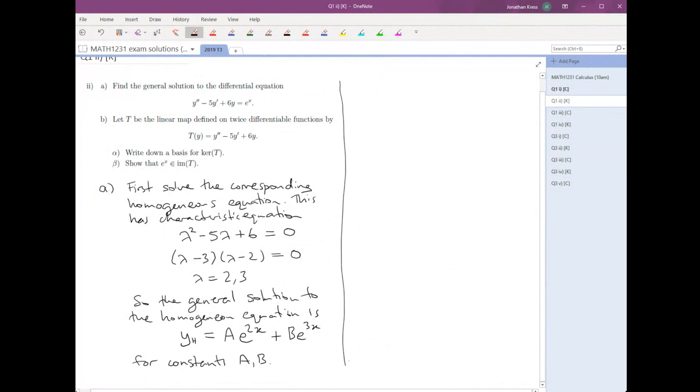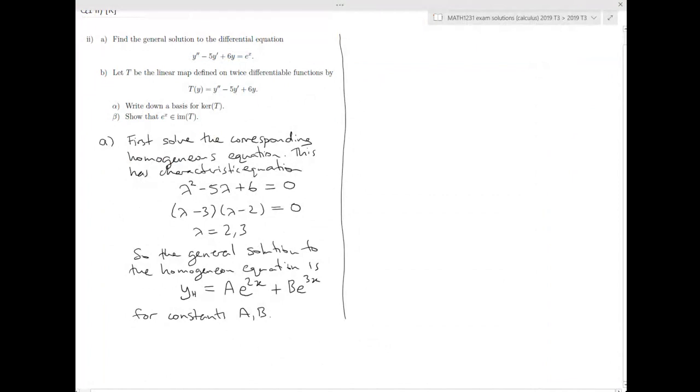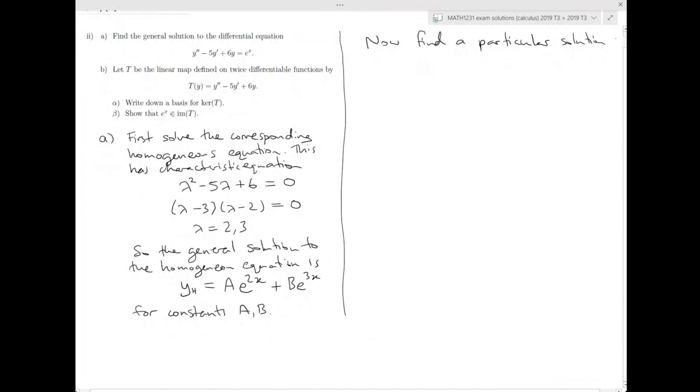So now we want to find a particular solution, and we usually call that y subscript p, a particular solution. And to do that, we just make a guess. I say try or guess, and it's got to be an educated guess.